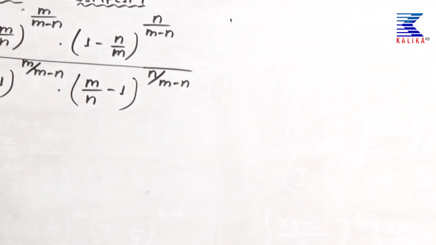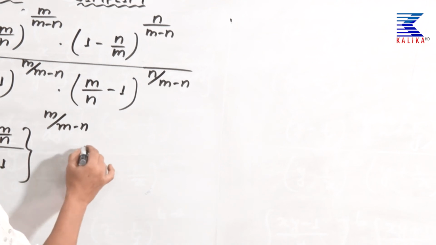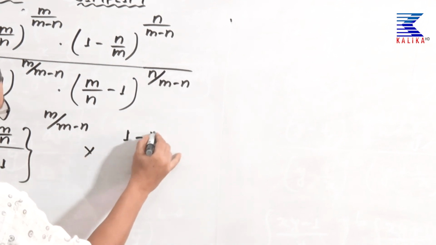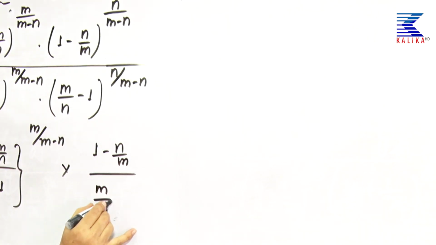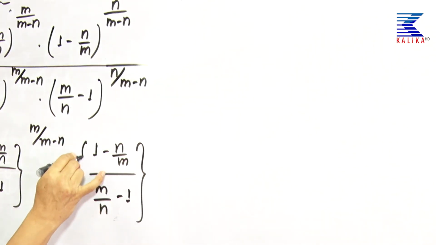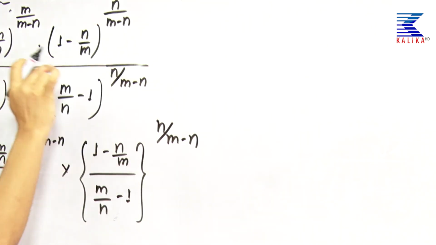Then we can write (1 plus m/n) whole upon (n/m plus 1) to the whole power m/(m minus n). Any doubt? Into (1 minus n/m) whole upon (m/n minus 1) to the power n/(m minus n). Power is same.